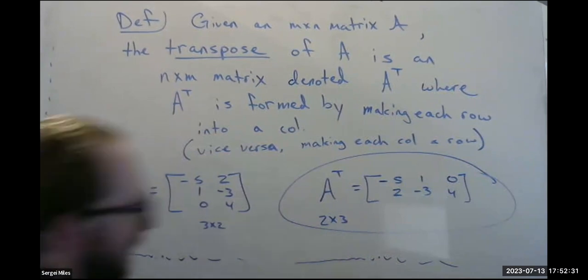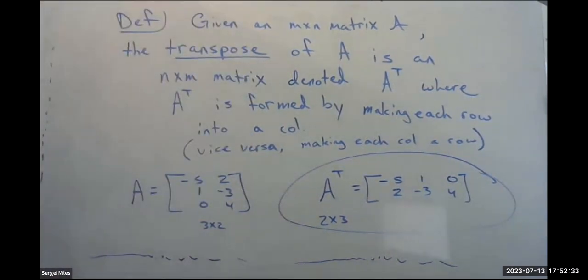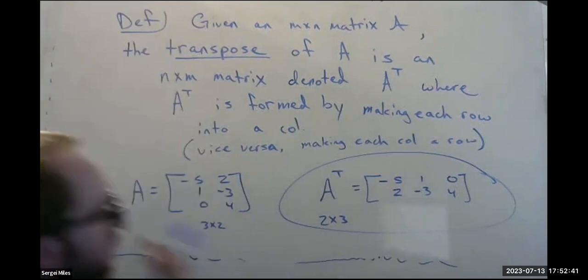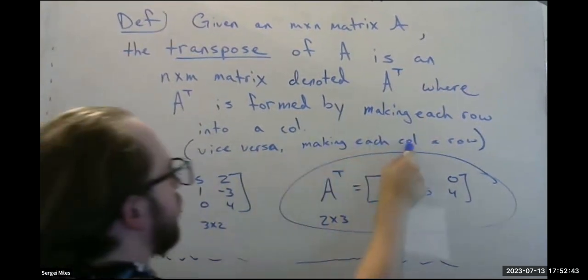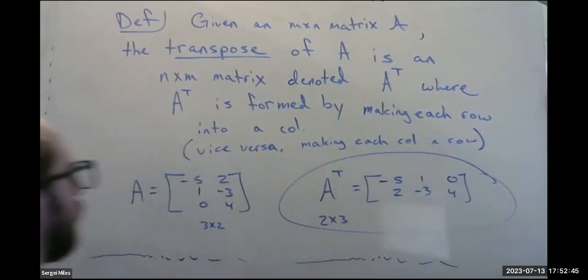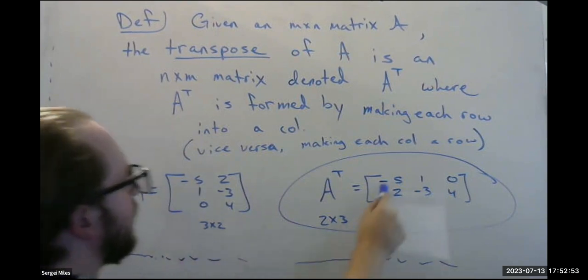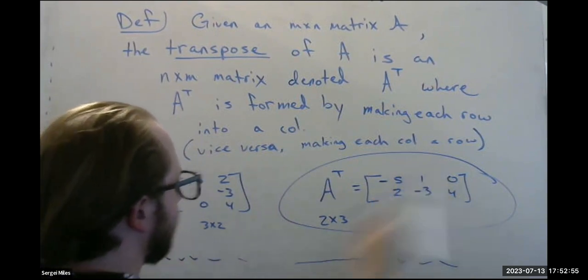And honestly, it's not that much work. It's just a little bit kind of weird to get used to the idea. And then you'll start doing it very quickly. To see that the vice versa also works, it's the same thing. Make each column a row. Well, what's column 1 of matrix A? -5, 1, 0. Okay, turn that into a row. -5, 1, 0.